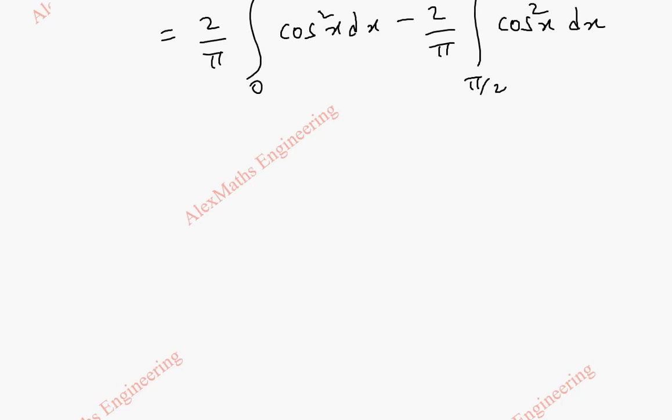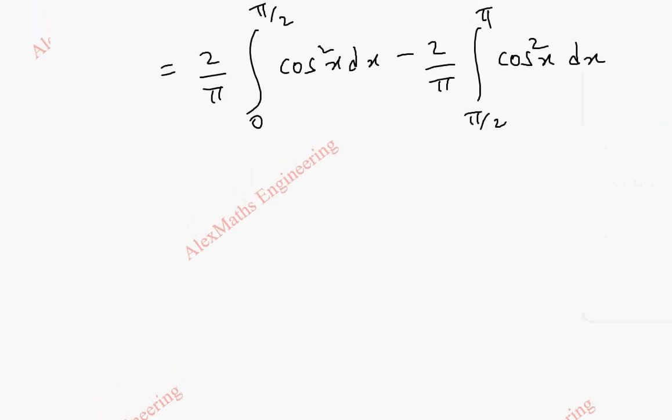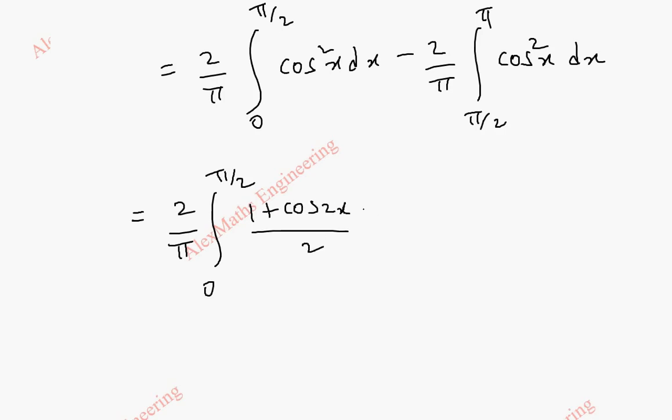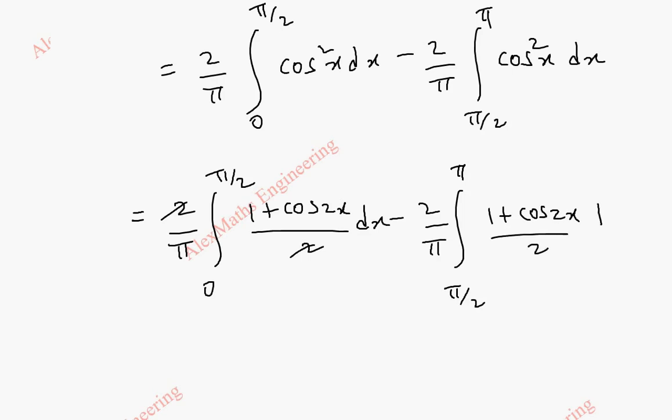Now we are going to simplify further. Integration of cos square, we are going to apply the basic trigonometric formula, then we are going to integrate. We have 0 to pi by 2, this is 1 plus cos 2x by 2. Without applying this formula, it is not possible to integrate. So we can cancel these two. Then 2 by pi integral pi by 2 till pi 1 plus cos 2x by 2 dx.